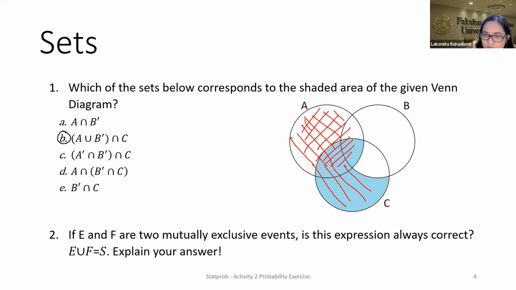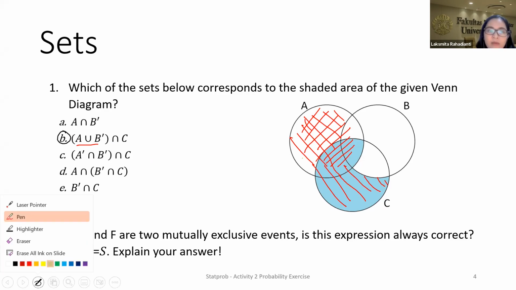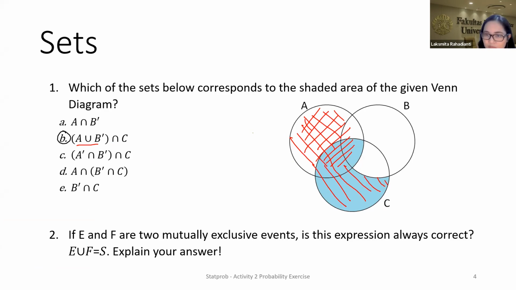Everything outside of B, that's the first part, A union B. And I would need to intersect it with C. So I would like to intersect it with C. Yeah, there we go. That's C.